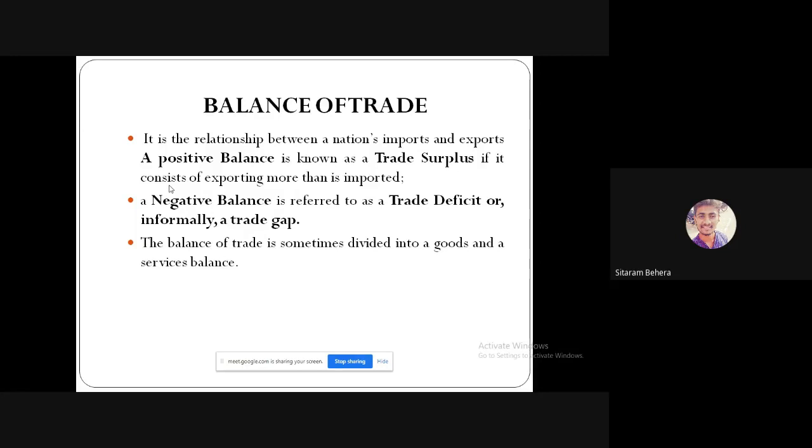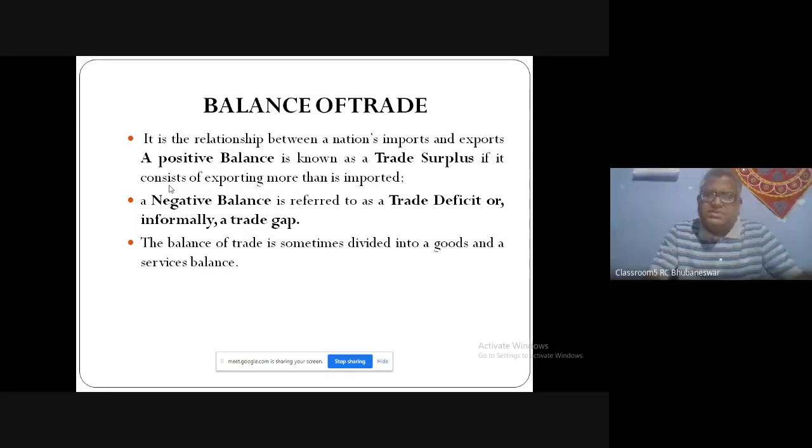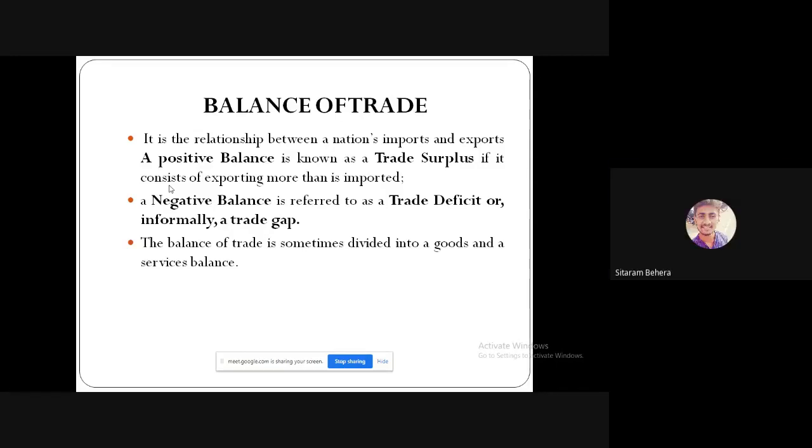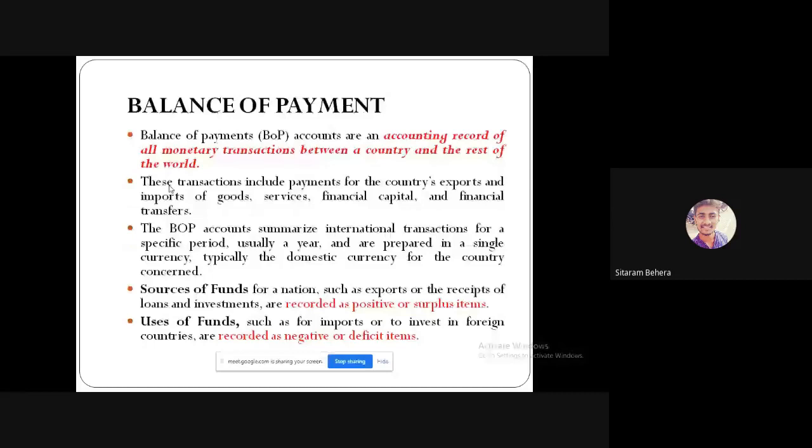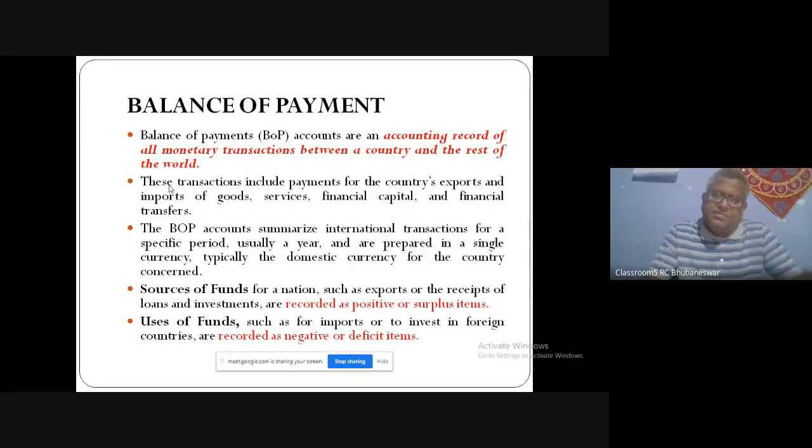It means there may be a surplus, or maybe a deficit, or what is informally called a trade gap. The balance of trade is divided into goods and services balance also. And rightly, another concept arises, that is balance of payment.